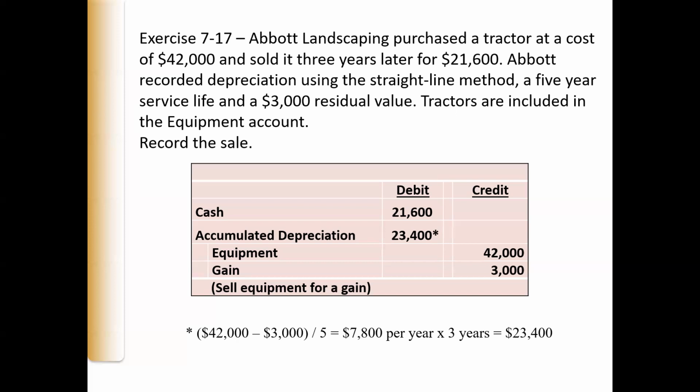So we know we had depreciation of 23,400. So in this scenario, we know our cash, we know the cost of the equipment, we zero out the accumulated depreciation, we have a gain of 3,000.